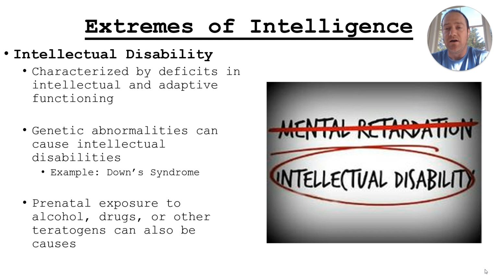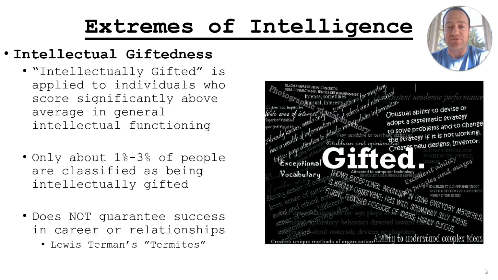So this is just anytime someone has a deficit in intellect and adaptive functioning. And if you were to give someone who has an intellectual disability an IQ test, they would probably score pretty low, because of their deficit of intellectual ability. So there's that. And then the intellectual giftedness.